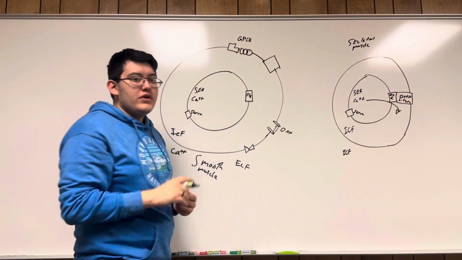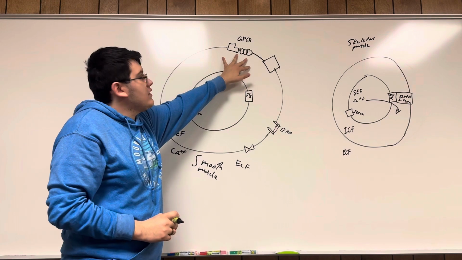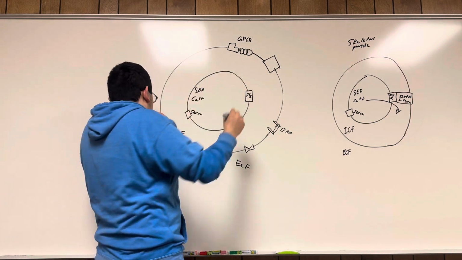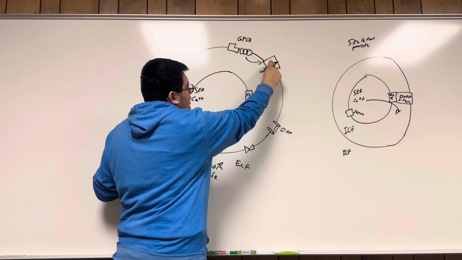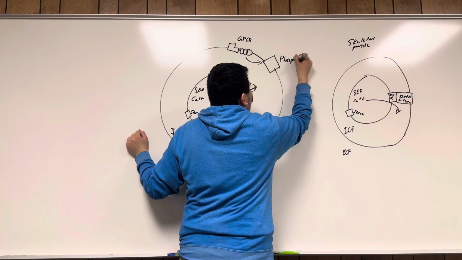So when the motor neuron sends the signal here to the G protein coupling receptor for a smooth muscle, that activates this enzyme called phospholipase.